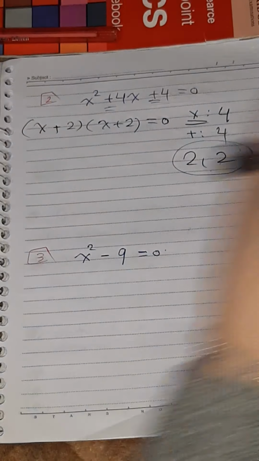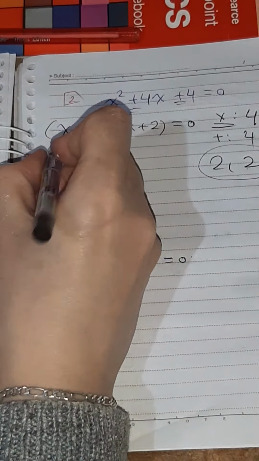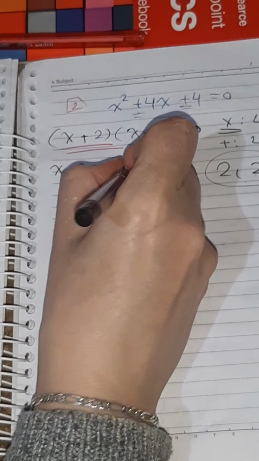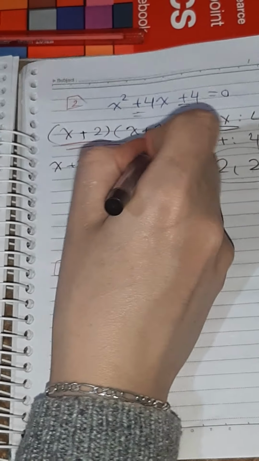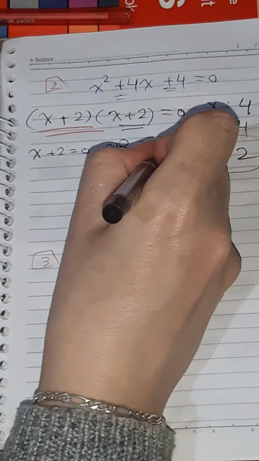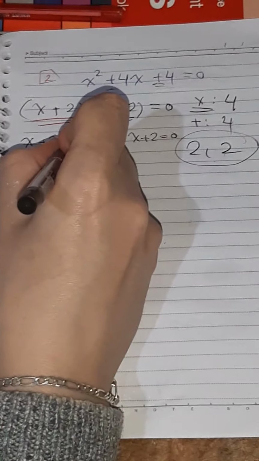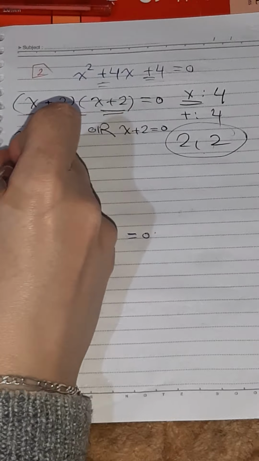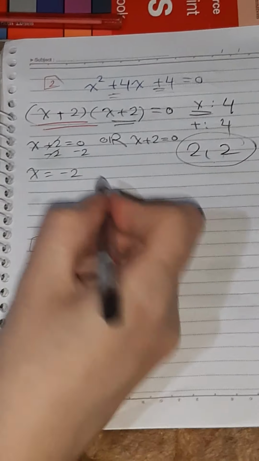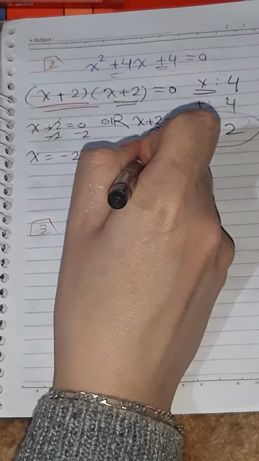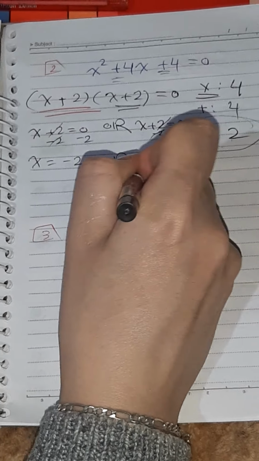So here the first one must be 0, x plus 2 equals 0, or also x plus 2 equals 0. Minus 2 and minus 2 cancelled, x equals -2, or again minus 2 and minus 2, x equals -2.